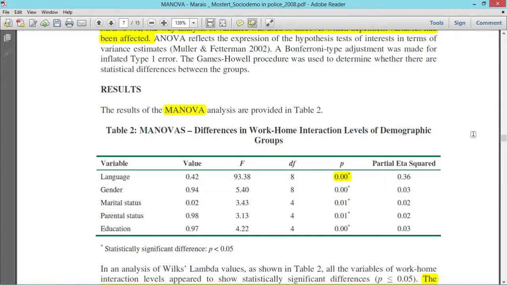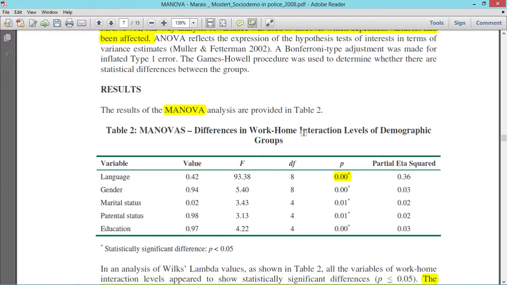So with MANOVA, the first thing we do is look for significant p-values. Our first significant p-value concerns language.